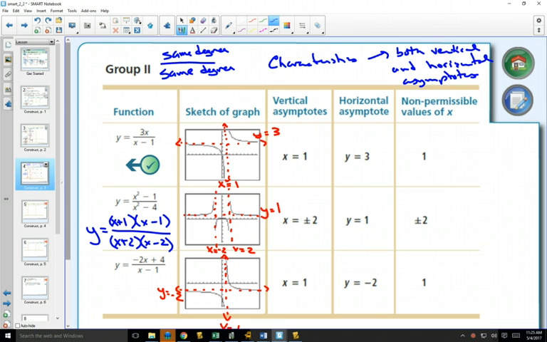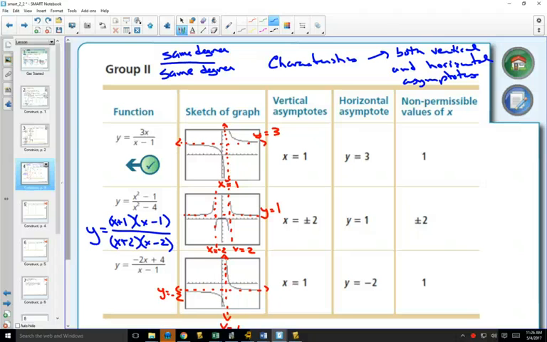But since none of those factors cancel out, we have no holes, and any non-permissible values that you have that aren't holes will always show up as vertical asymptotes. So our vertical asymptotes for group 2 are the same idea as our vertical asymptotes for group 1. If you have a non-permissible value that doesn't cancel out, it becomes a vertical asymptote.